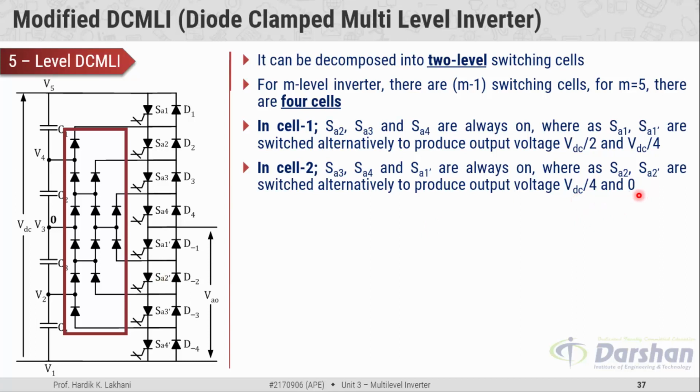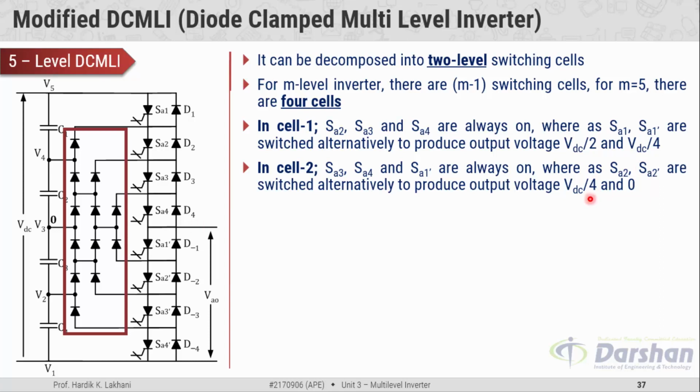So when we keep 3, 4 and 1 dash in the on state, and we turn on SA2, then this V4 node gets connected to the output terminal, and because of that the magnitude across the output terminal is VDC by 4.